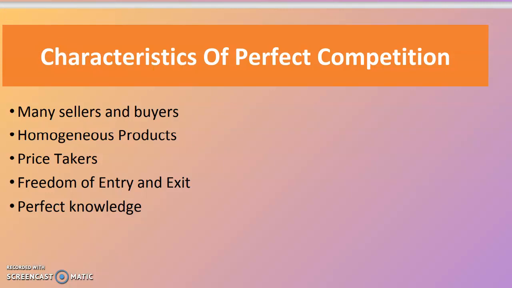If firms in the industry are making profit, new firms will enter the market, and vice versa. If the firms in the industry are making losses, some of the existing firms will exit from the industry.